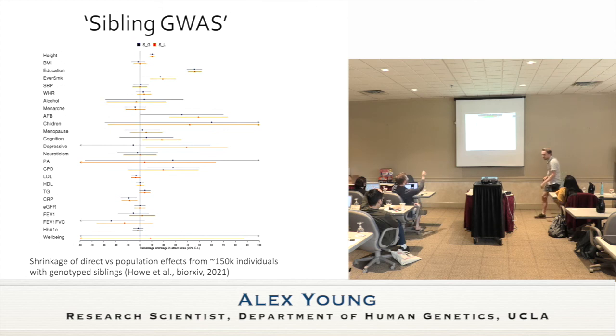Well, I think the confusion is that the black dot and the orange dot are close to each other. Yeah. Oh right. So the difference is deviation from the vertical line. Do you see the vertical line? Education, I find it really hard to read from there. So education shrinkage is like 50%. That's pretty big, because it's very far from the vertical line. And height is like 10% or something.